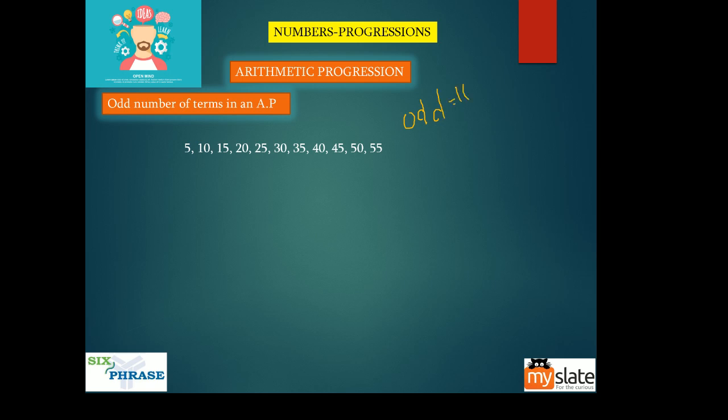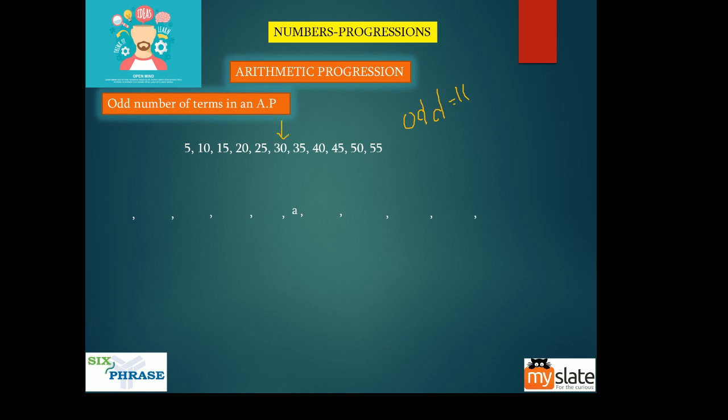So here, how can we write it in terms of A and D? I'll tell you that. It is very simple. When it is odd, if we have 11 terms, you'll always have a center value. What is the center term?